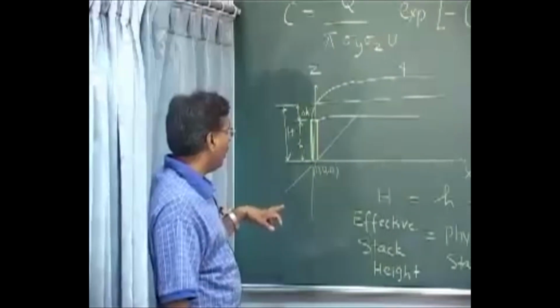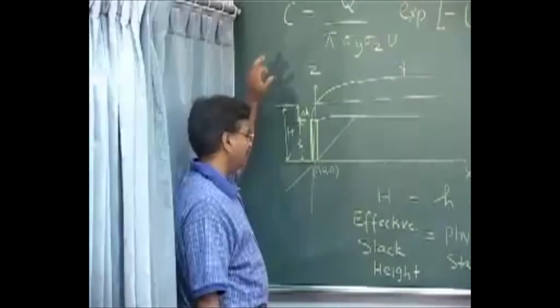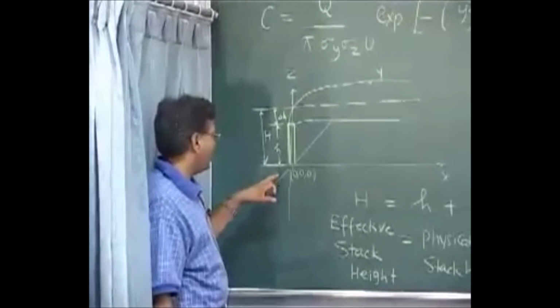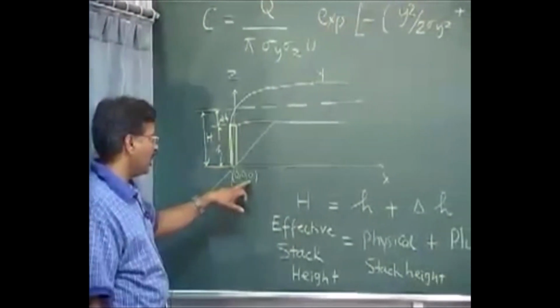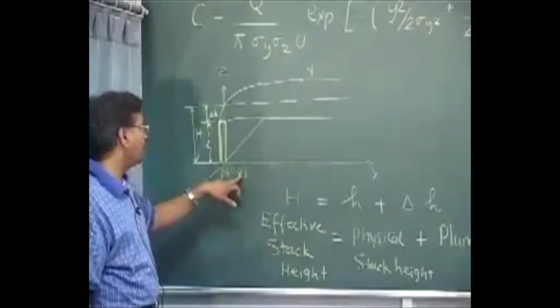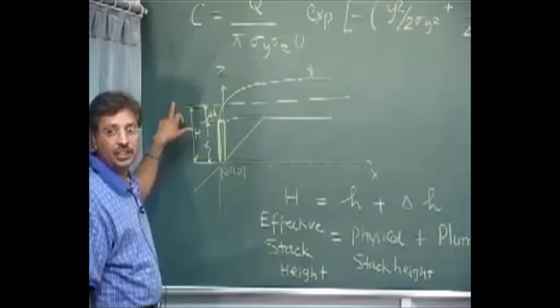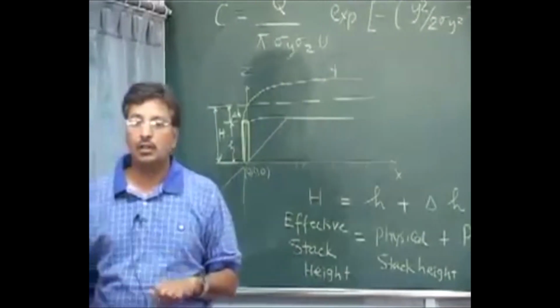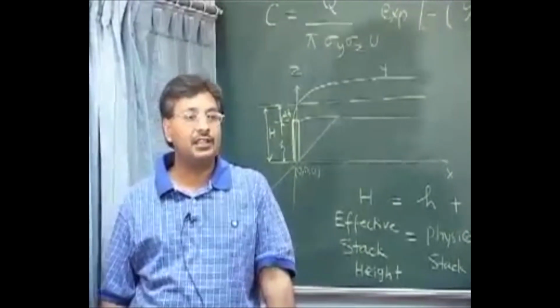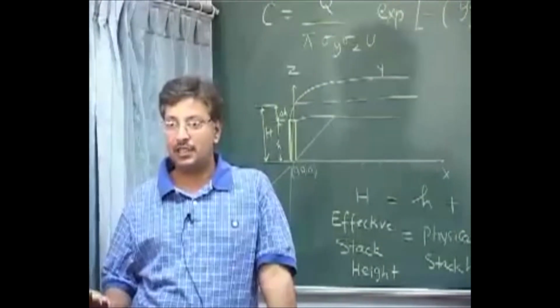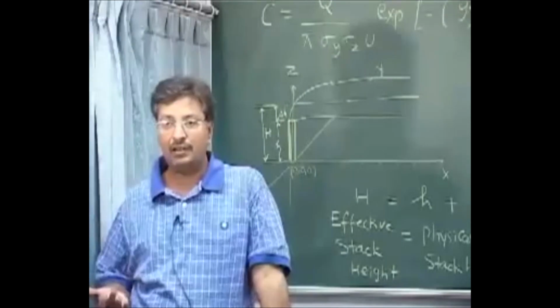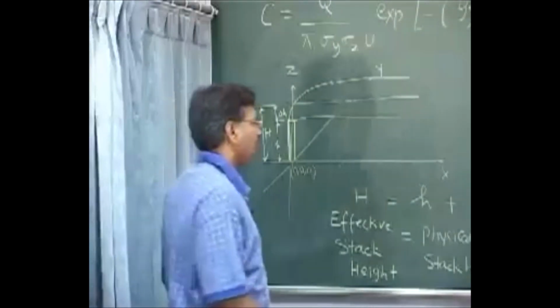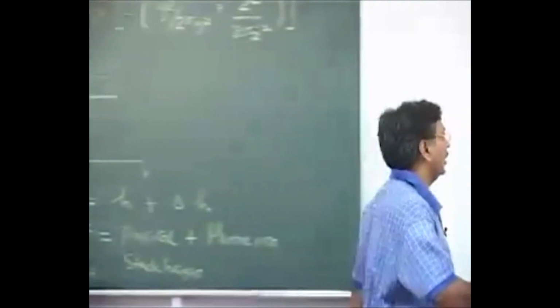What I want to do is modify this equation and say the height of the source is not 0, but is at h. So how do I modify this equation? z is replaced by z minus h. Does everyone see that? Let's do that, and I'll write that equation again.